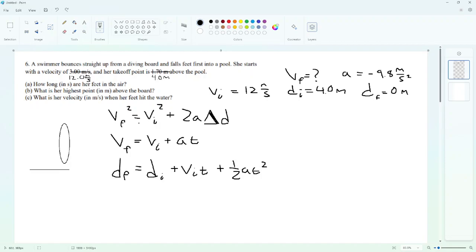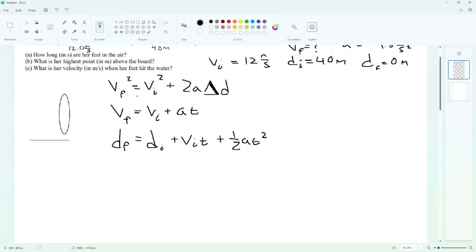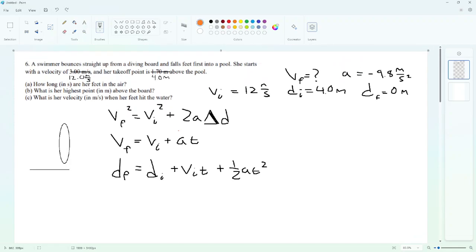Okay, so let's go ahead and underline what we know. We have initial velocity, we have acceleration, and we do have change in distance. The change in distance is d final minus d initial, which in this case is negative 4 meters.